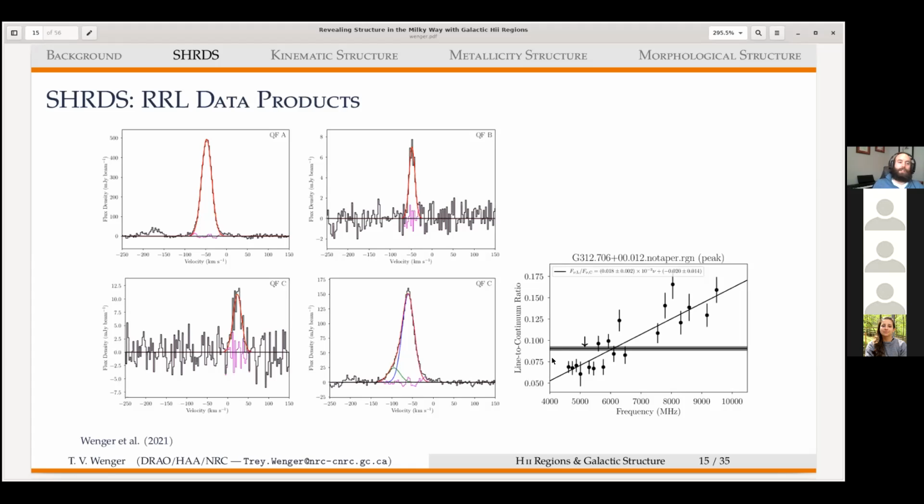And so for the brighter sources where we have good sensitivity to detect the recombination line in individual transitions, it allows us to do things like calculate the line to continuum ratio as a function of frequency, look for departures from LTE, and things like that. So it's a very rich data set, and I'm excited that we can finally have the opportunity to mine it for all of the things that it's going to be able to tell us.